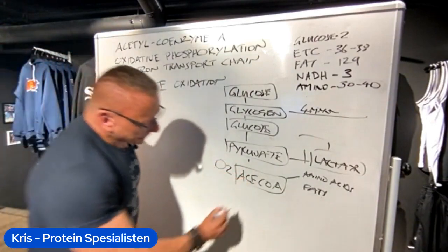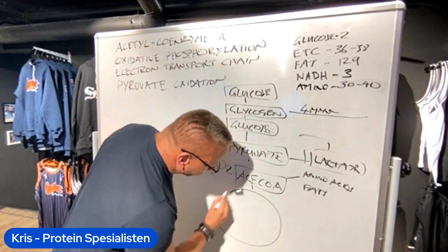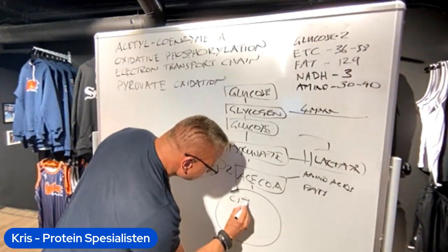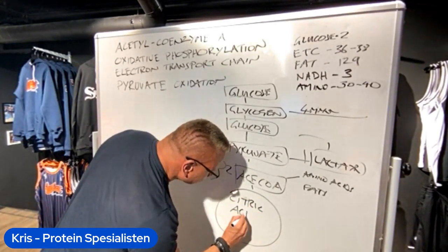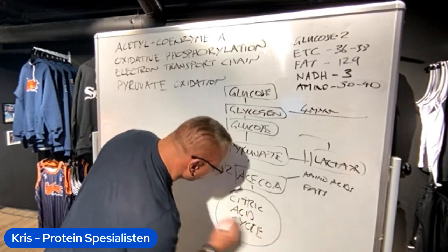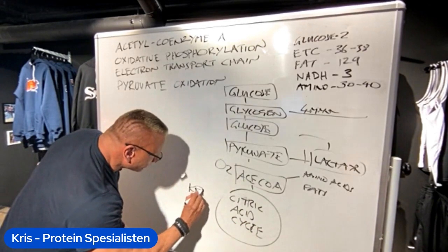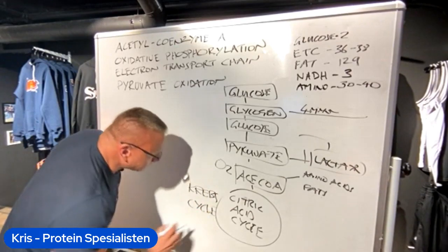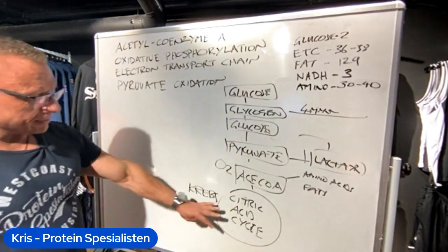With acetyl coenzyme A, we enter what we call the Krebs cycle, or the citric acid cycle. It's got a few other names, but these are the most common terminology.